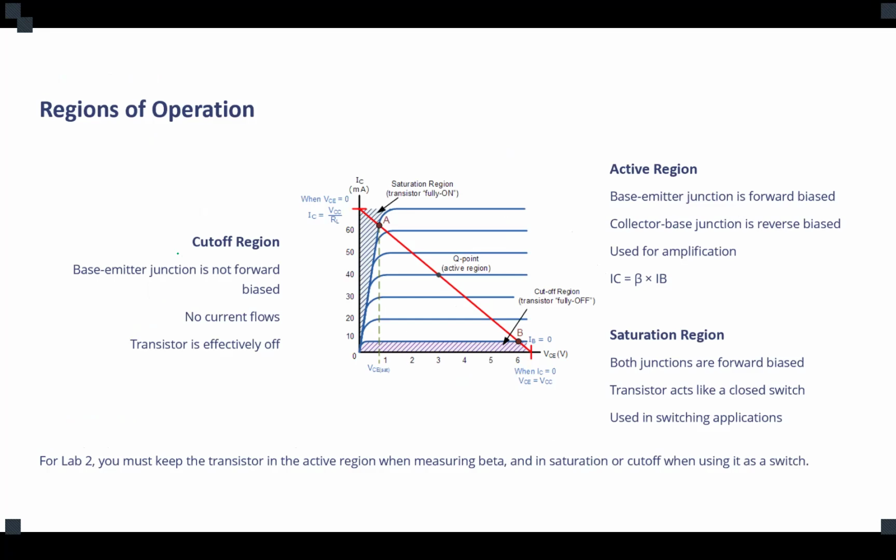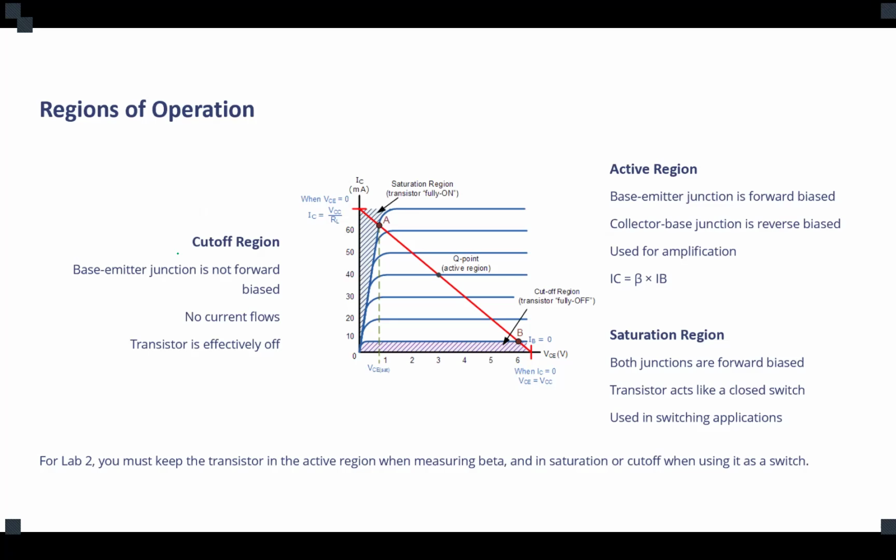Now, BJT also have IV characteristics, which defines the current of the collector, okay, versus the voltage between the collector and emitter.